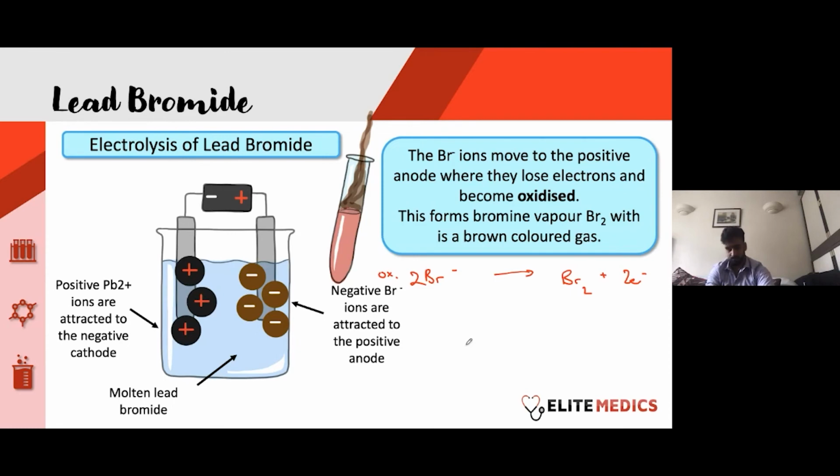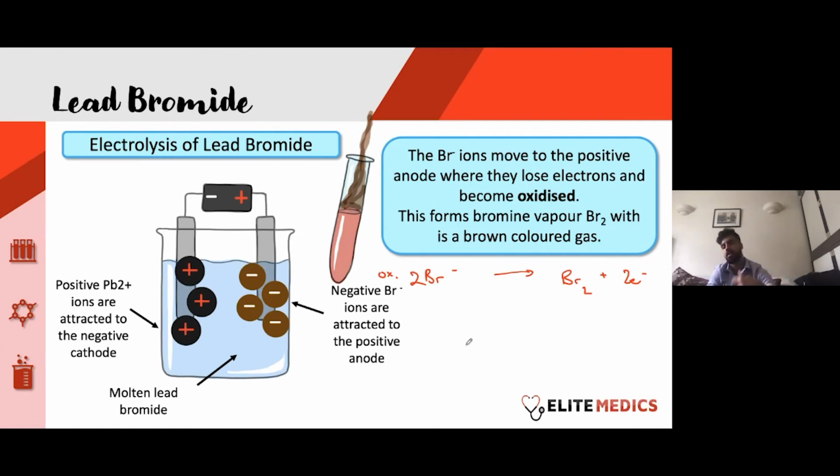Now, atoms like to be stable, and with 7 electrons in its outer shell, it's not very stable. It's quite reactive. So what it will do is grab a buddy and get another bromine, and they will share that 7th electron. And now they'll both have 8 electrons in their outer shell. And now because they have stable outer shells, they'll be stable, and that's what they like to be.